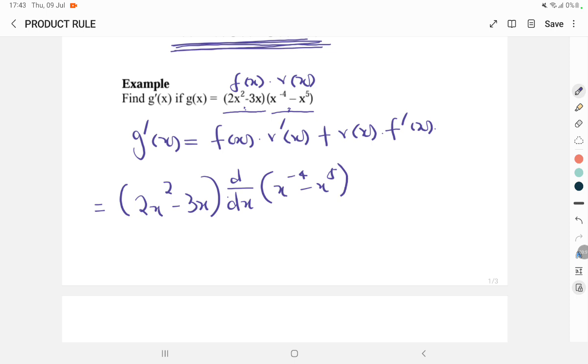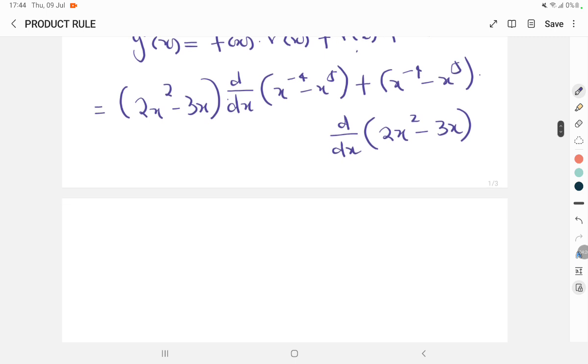Then plus, here we have r of x, and r of x is this function, so we keep it constant, x to the power of -4 minus x to the power of 5. Then we do the derivative of f of x, which is this one. So we're gonna say d/dx of 2x squared minus 3x, right?